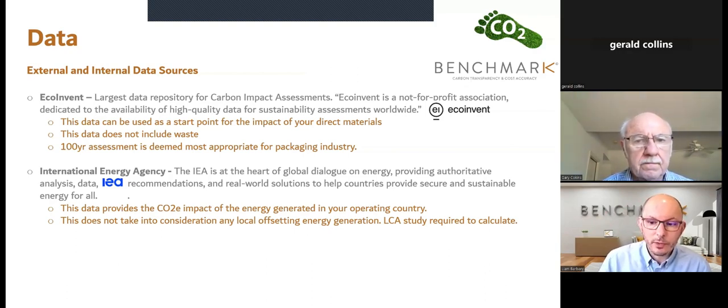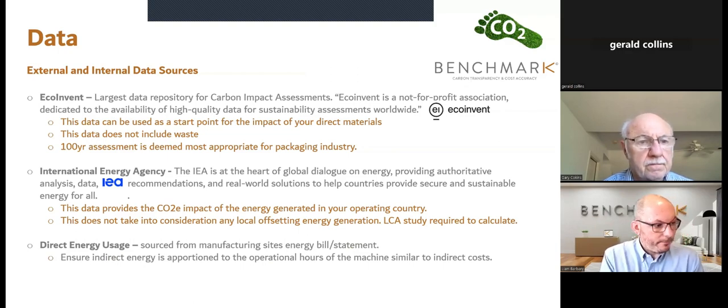So all you need to do then within your carbon footprint assessment is say, well, how many minutes and hours do I need to use my manufacturing machines for, in the same way you would do for cost modeling? But then you're applying this CO2e number, which you'd get from the International Energy Agency and EcoInvent.